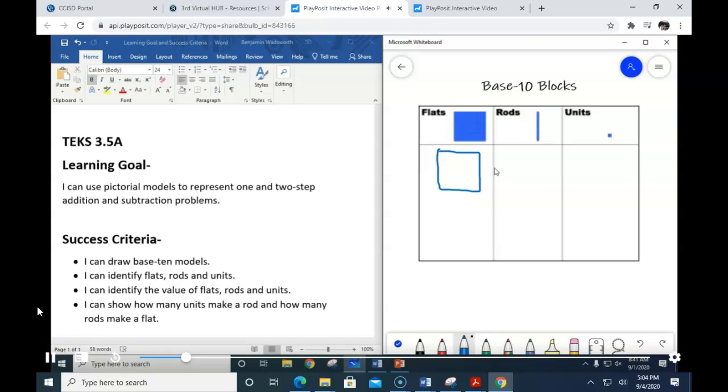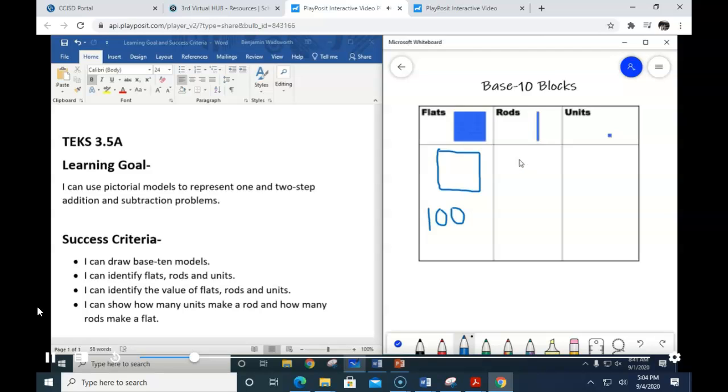So when I'm modeling how I'm going to use the base 10 blocks to complete this, I'm going to do my flats like this. Okay? And flats are worth 100. So flats are worth 100 each.